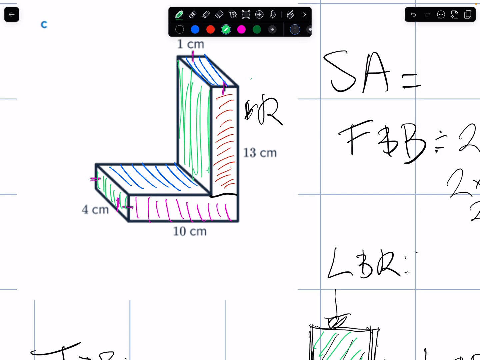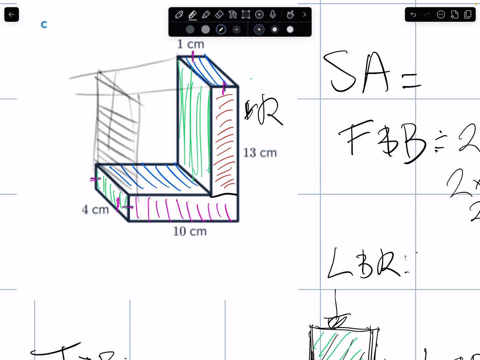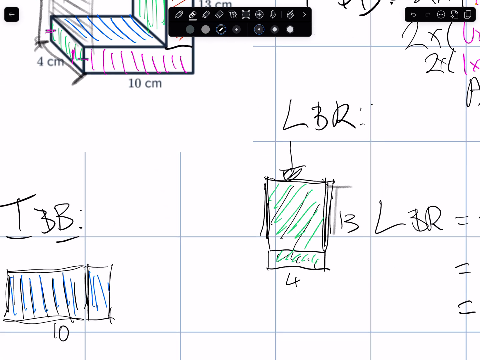So if we just took that pencil, drew these across, brought it down, took it across, we would see that that rectangle exists, or that face exists there in that plane of view. And we can just say that it is 13 centimeters down and 4 centimeters across, which is what we've done right here. It is 13 centimeters down, 4 centimeters across.